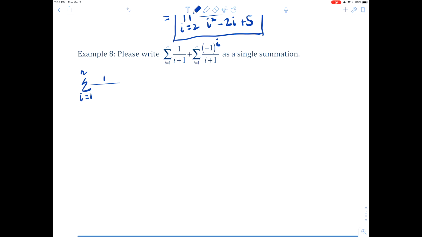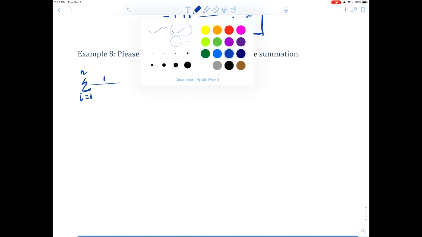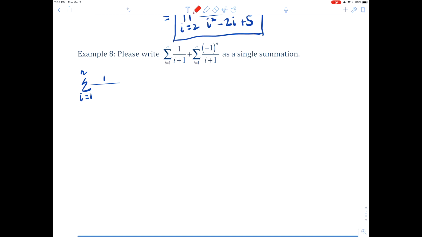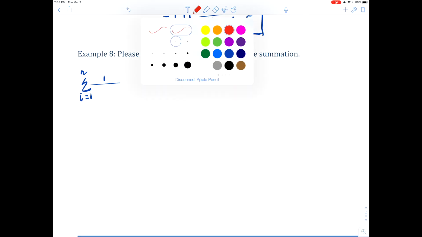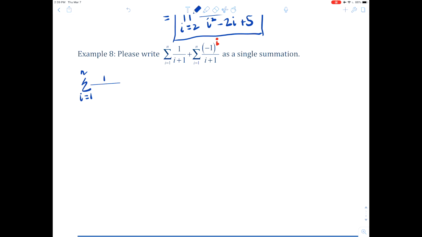Right here. Sorry. I'll do it in red so you can see that it was an error. This should be an i. Cool. All right, so 1 over i plus 1, the summation from i equals 1 to n, plus the summation from i equals 1 to n of negative 1 to the i over i plus 1.